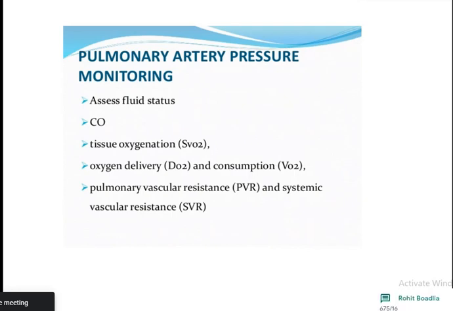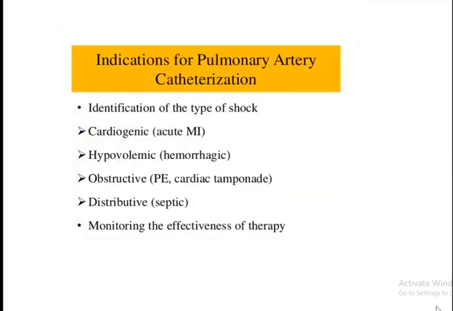Systemic vascular resistance you can also calculate; if there is an increase in systemic vascular resistance, that can be the cause of left ventricular dysfunction. These are the derived parameters actually.